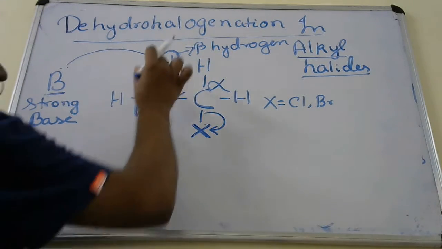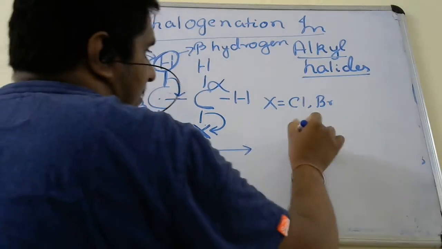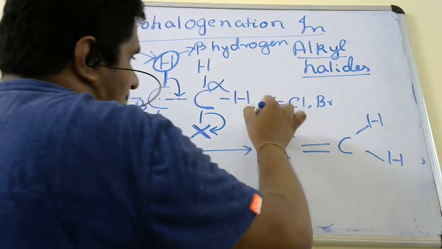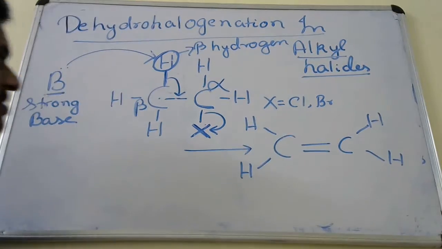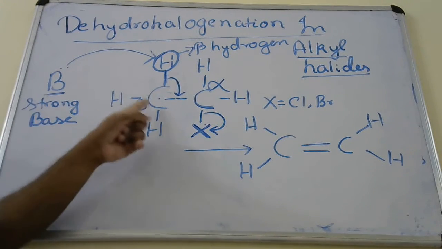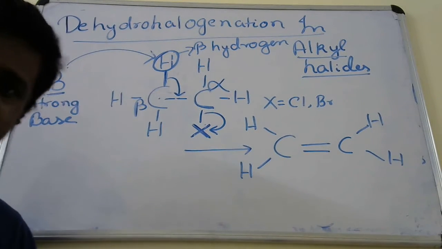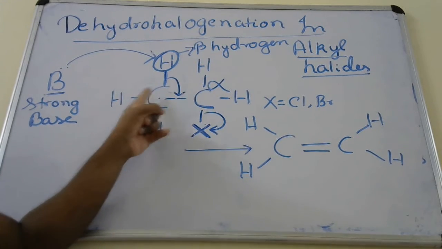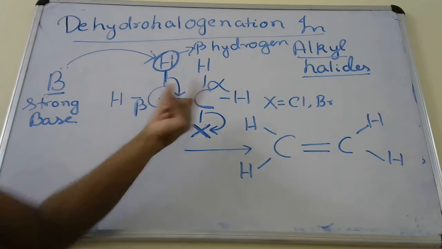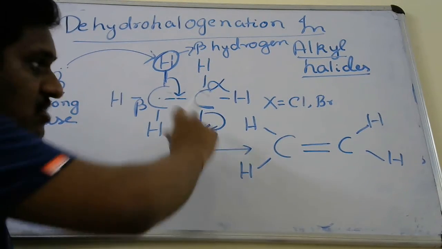So what will happen? A double bond is created in between the alpha carbon and the beta carbon. Because the strong base took the beta hydrogen, that bond came in between the alpha and beta carbon, and the halogen linked to the alpha carbon also left.